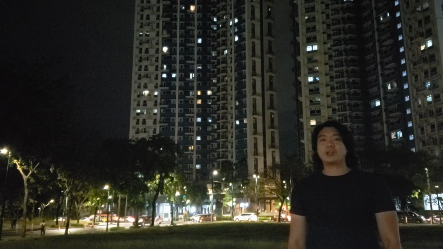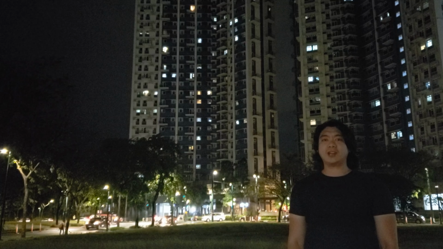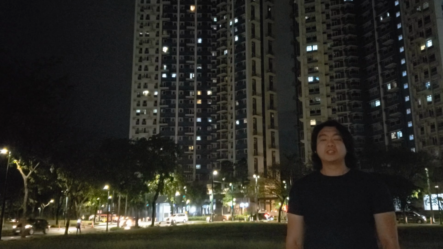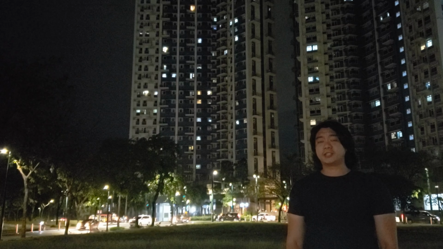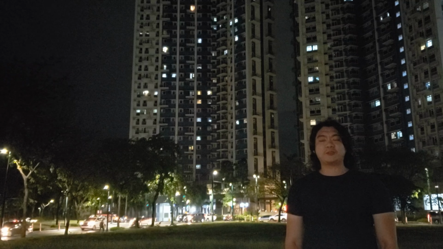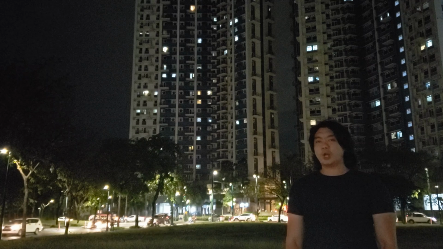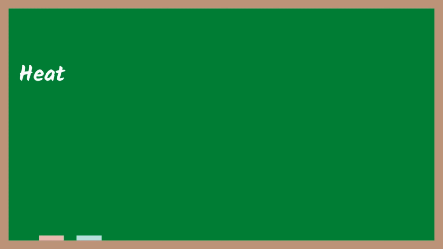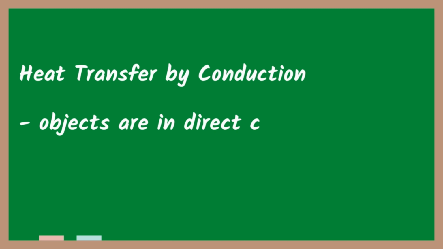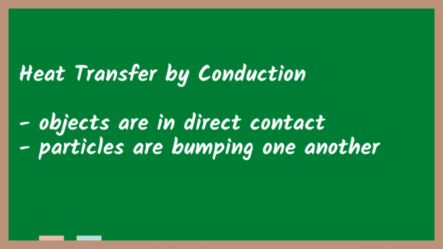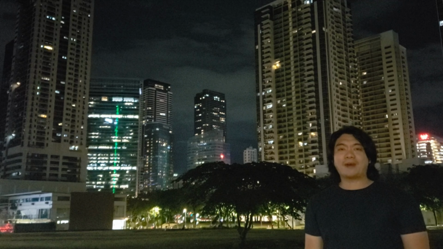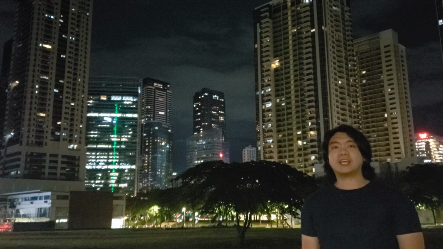Heat transfer by conduction happens when two objects are in direct contact. The particles are bumping one another, transferring the energy from fast-moving particles to slower-moving particles. Heat transfer by convection happens in objects that can float.